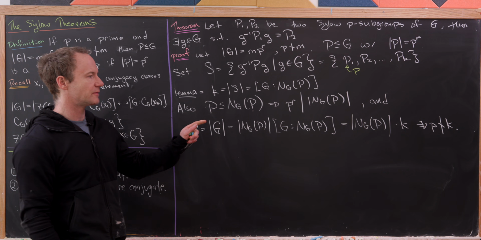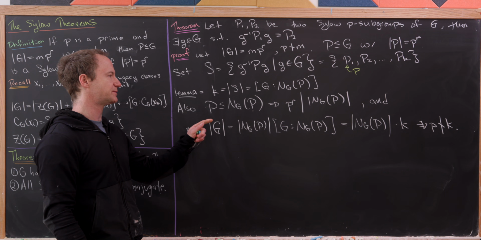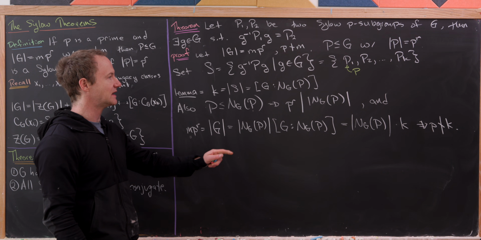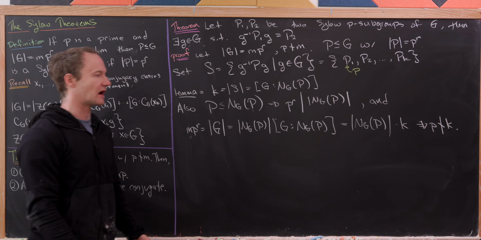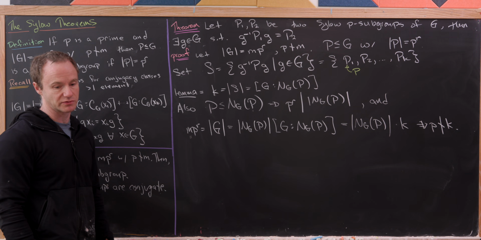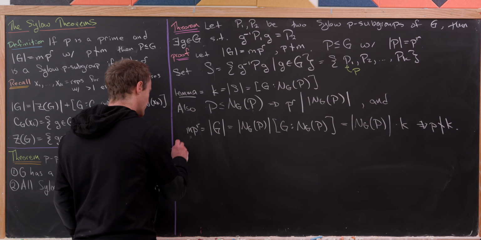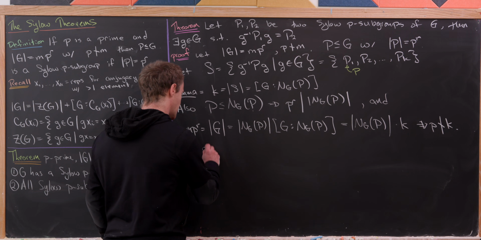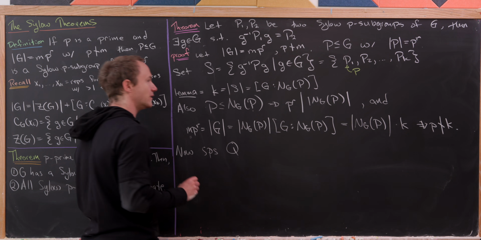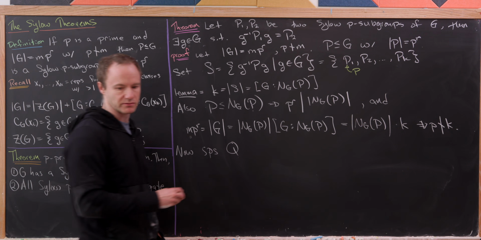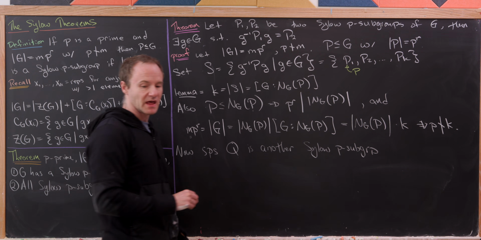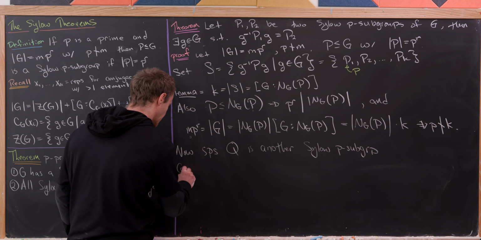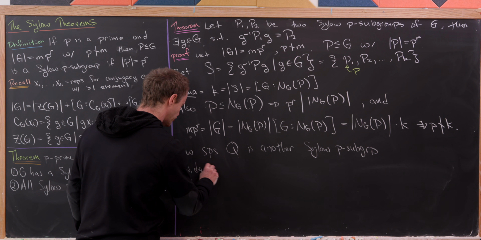Okay, so now we've got p does not divide K, so in other words, p does not divide the number of conjugates of our original Sylow p-subgroup. Now what we want to do is suppose that Q is another Sylow p-subgroup. And now we want to consider the following strange collection.